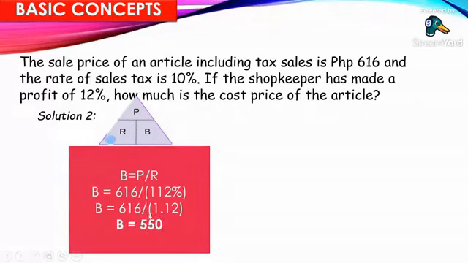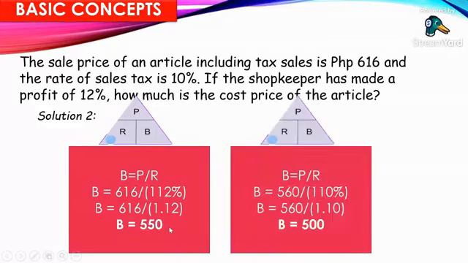So si 550 naman is the amount of the article plus the sales tax without the profit ito. So tatanggalin natin si sales tax naman from 550. So that would be, so B is equal to, using 5, okay, mali ito.